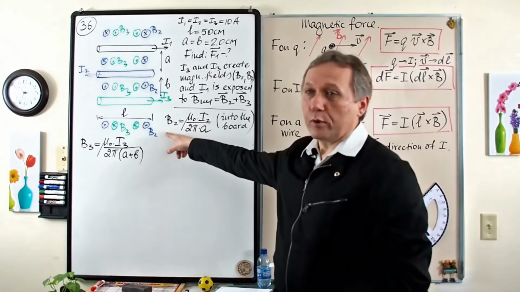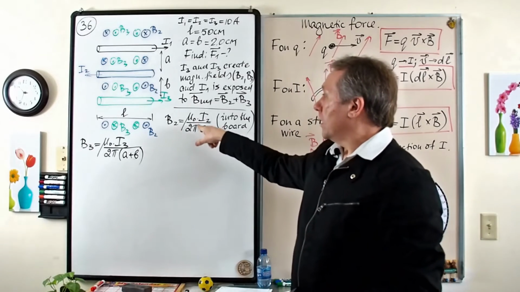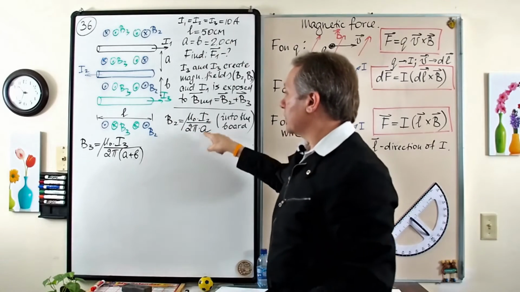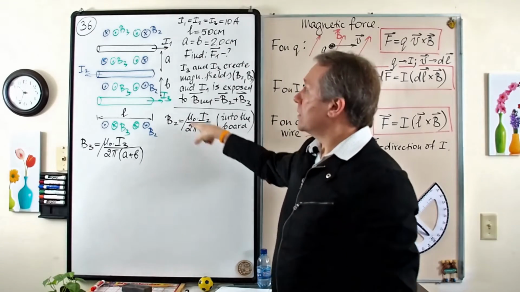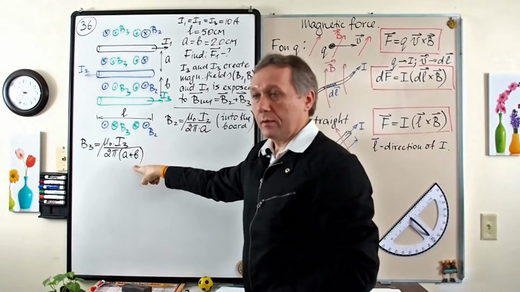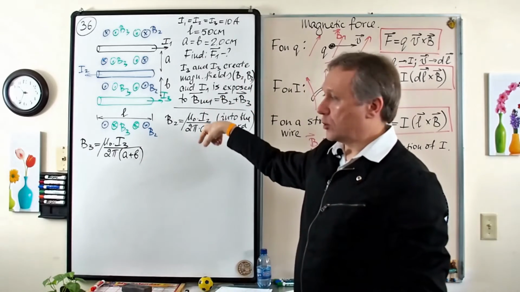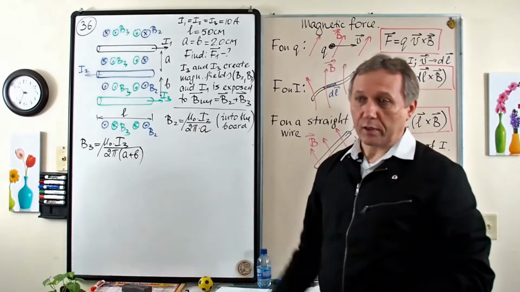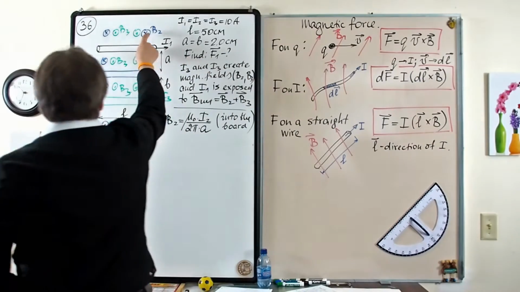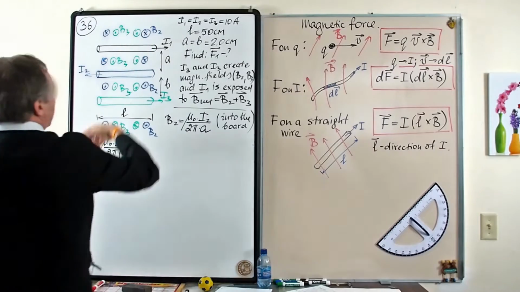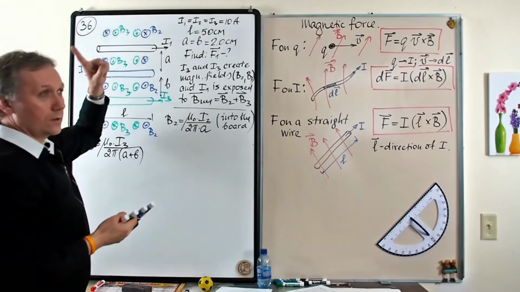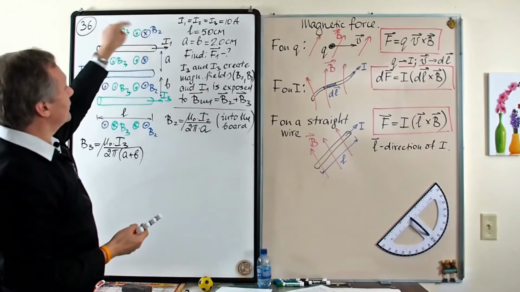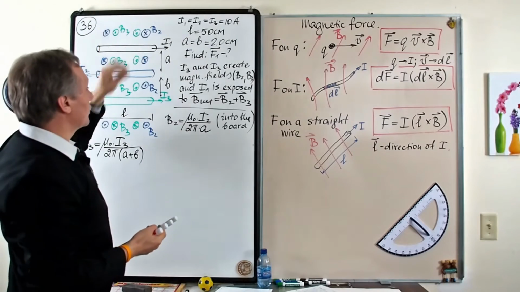And even just by looking at the formula, although currents I2 and I3 are the same, 10 amps, since A is smaller than A plus B, and A is in the denominator, the magnitude of B2 is going to be larger. So B2 is larger than B3, so as a result the net magnetic field is going to be into the board, right? Cross.